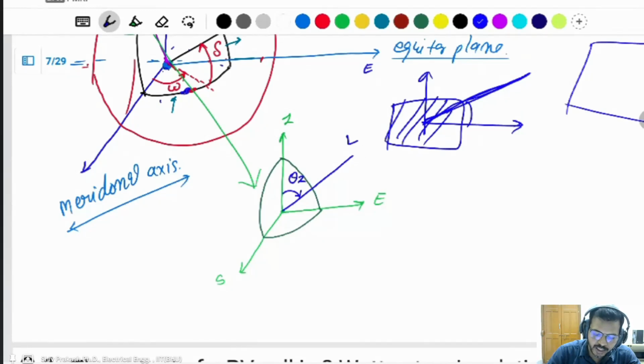At noon the zenith angle will be minimum, though we can't say 0, because it depends on the day of the year. Every day the sunlight is not exactly at the top.